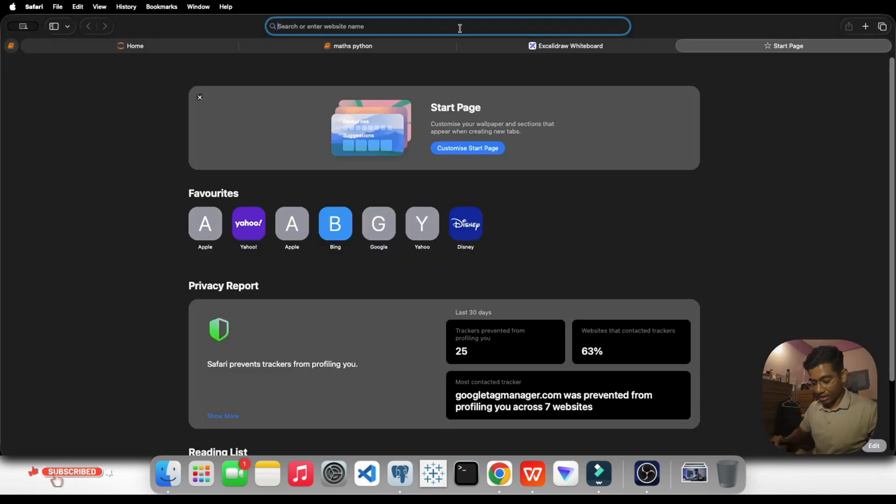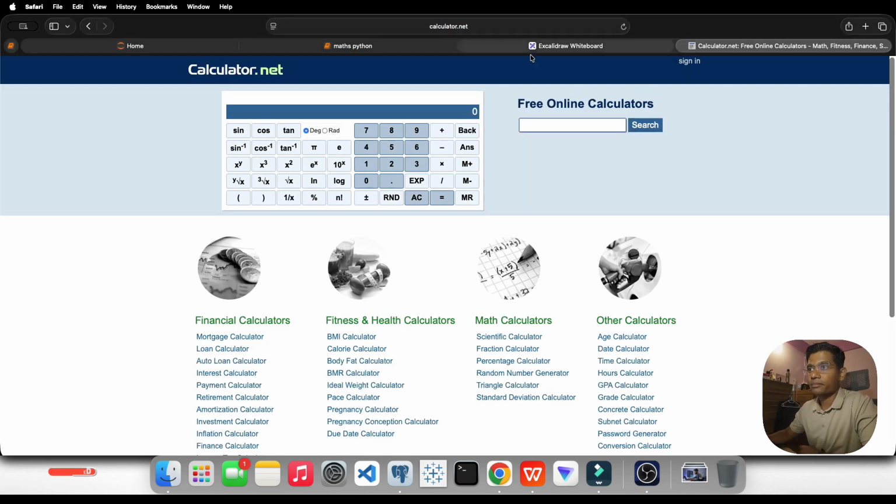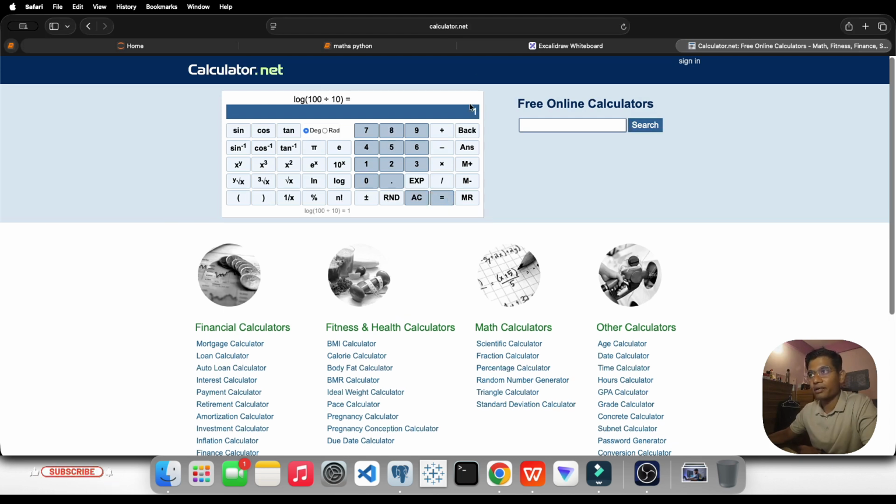We will directly use the calculator here. Log is there. Log 100 by 10, we have done like this. Close bracket. Output is 1.